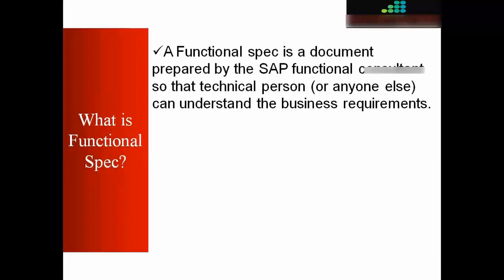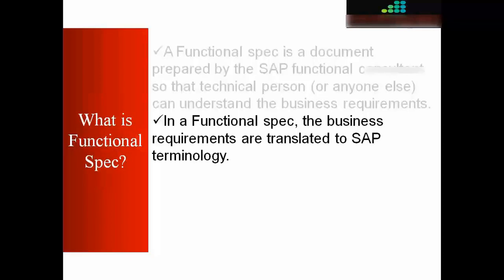So a functional spec is a document prepared by the SAP functional consultant so that a technical person or anyone else can understand the business requirement. In a functional spec, the business requirements are translated into SAP terminology. So whatever business wants, we will convert the language into SAP language.